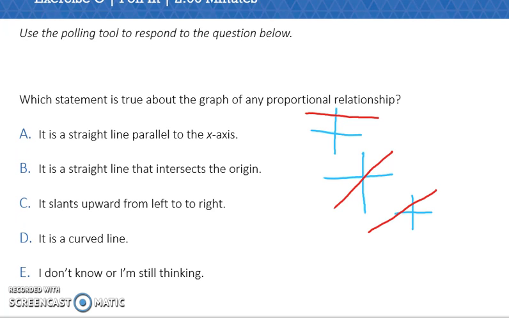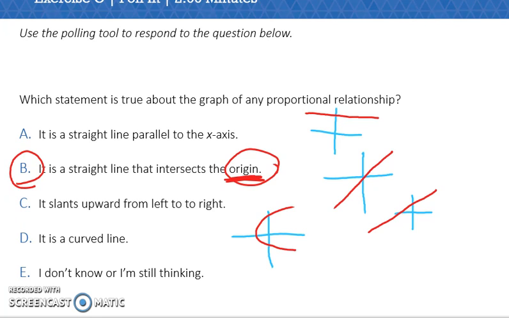It doesn't necessarily have to be through the origin. D is a curved line. So a curved line could look anything like this. So is that proportional? So the answer choice we would want to say is B, because the key is that it goes through the origin. So all proportional relationships go through the origin.